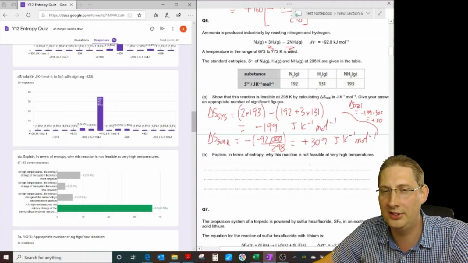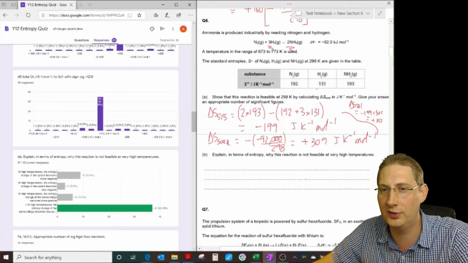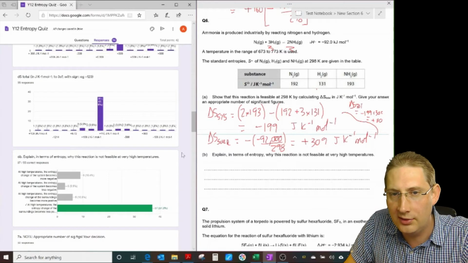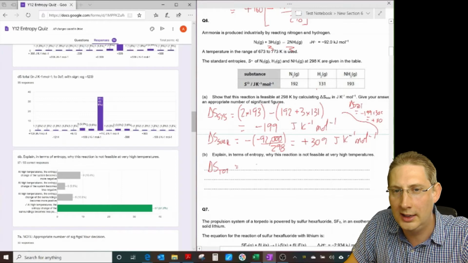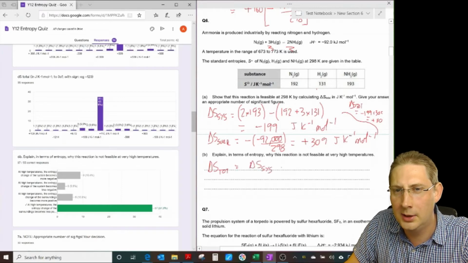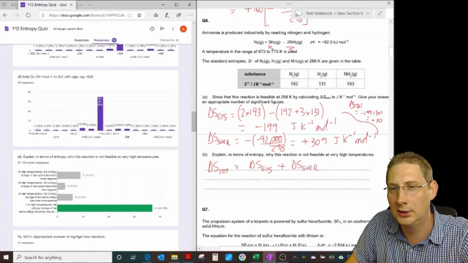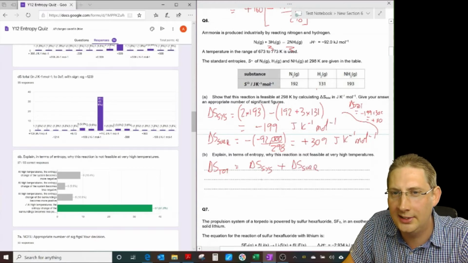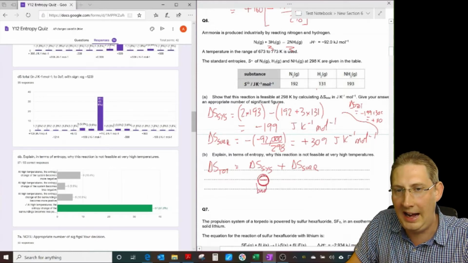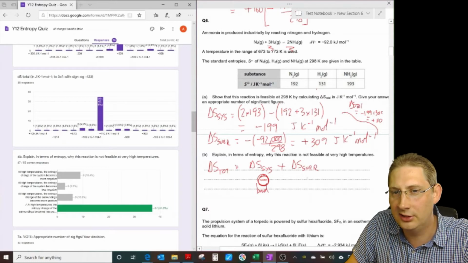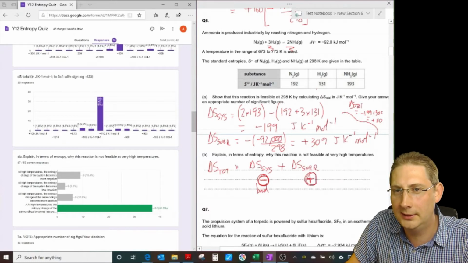Now, the original question, explain in terms of entropy why this reaction is not feasible at very high temperatures, was a free answer one. If we think about it, delta S total equals delta S system plus delta S surroundings, and the system has a negative entropy, so this is bad for spontaneity, but delta S surroundings is a positive number, and that is good.